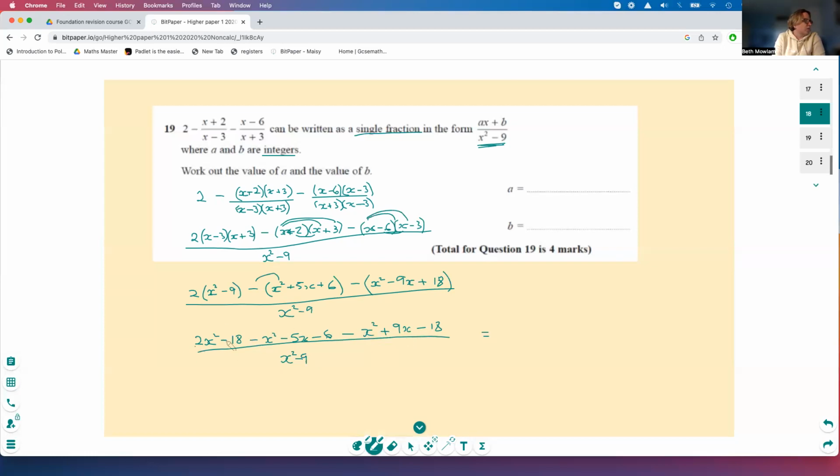So what have we got? 2x squared minus x squared is x squared, minus x squared is 0, so they cancel out.